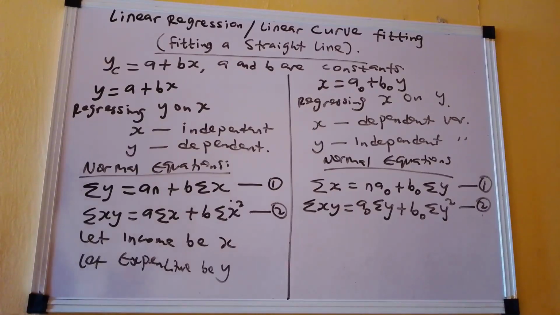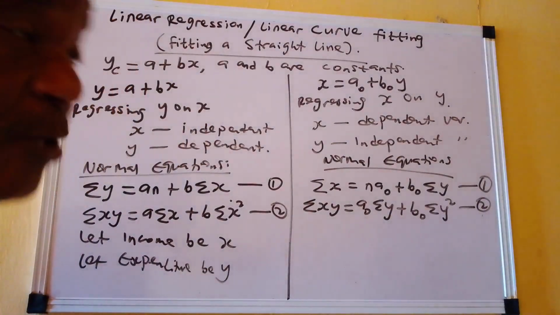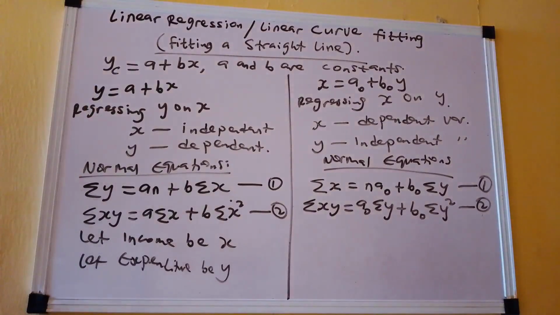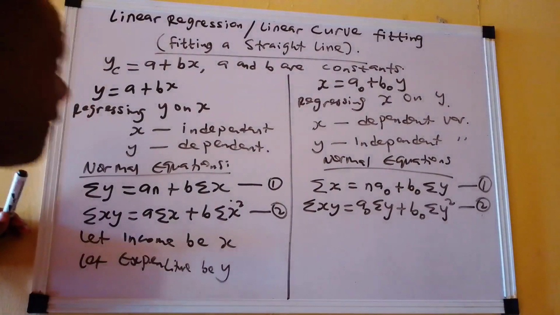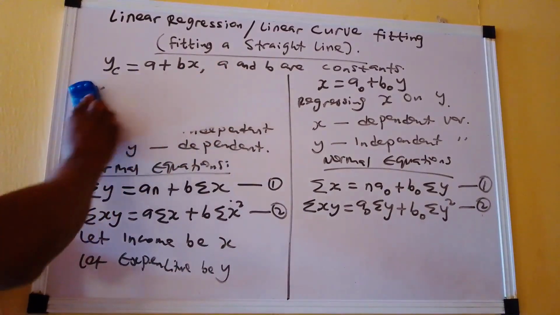The non-linear curve fitting and multiple regression will be topics for another day. So we are considering linear curve fitting and linear regression for today. We are fitting a straight line. So permit me to go straight to solve a particular problem and see how we can apply this.